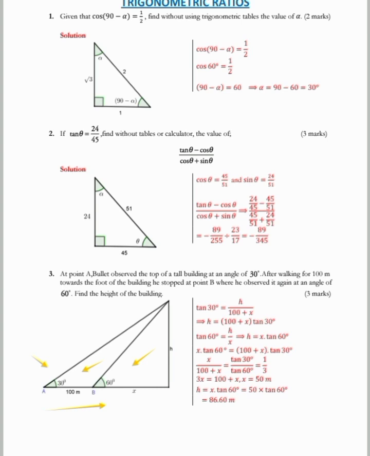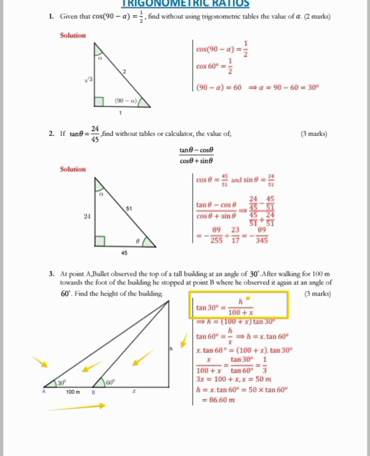So from here, we can use tangent, whereby tan 30 degrees is equivalent to opposite over adjacent. We assume the height of the building to be h. So tan 30 degrees is equivalent to h over the adjacent, which is 100 meters plus x.